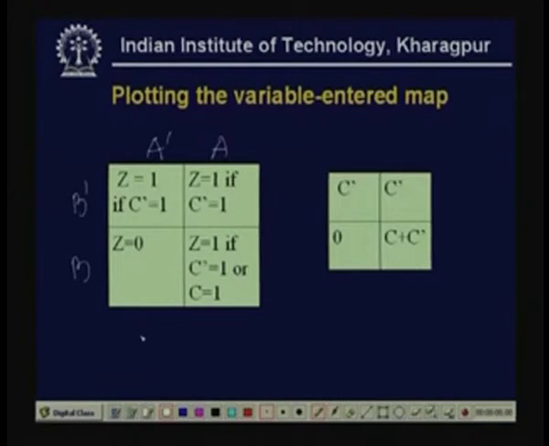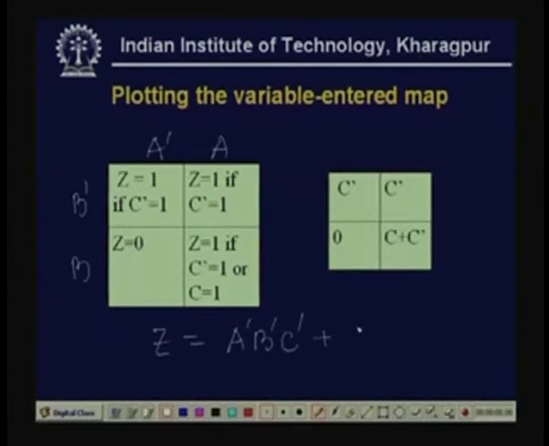So, from here what we can tell that my expression must be some Z is for the first element, this is A dash, B dash, C dash, because my C dash is the variable or map entered variable.